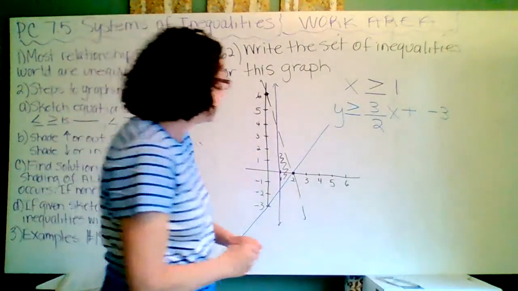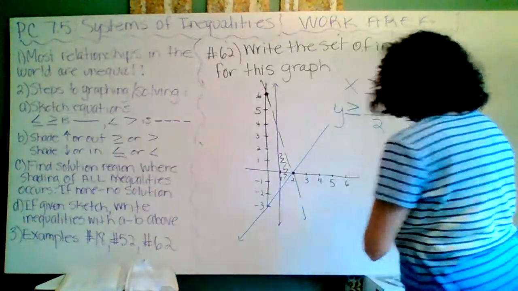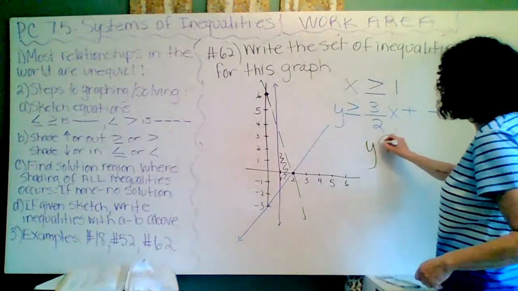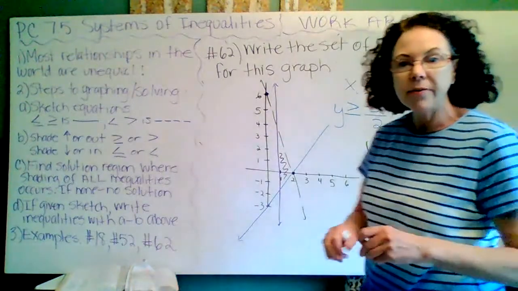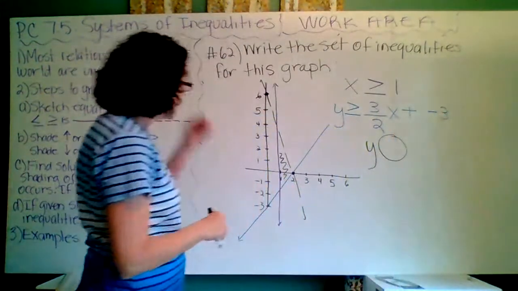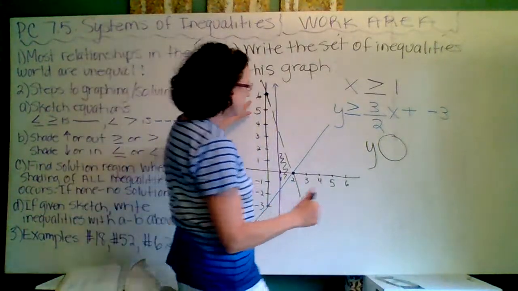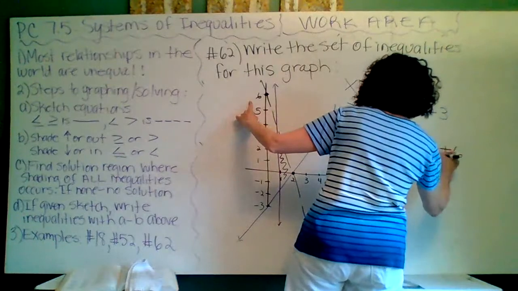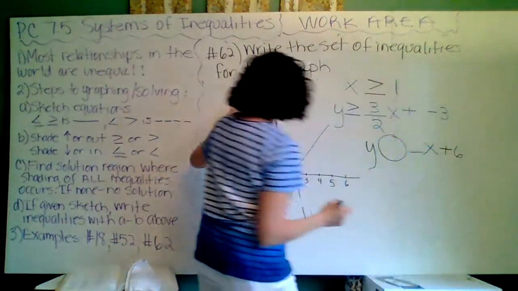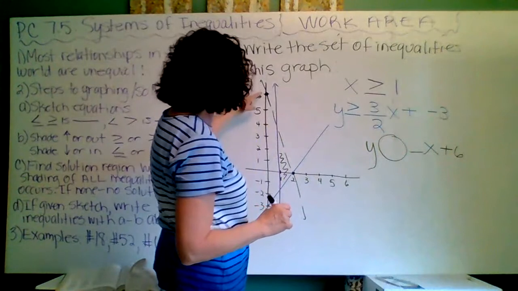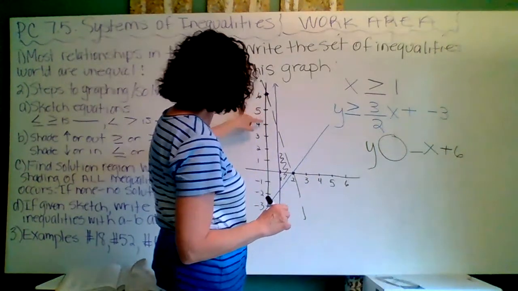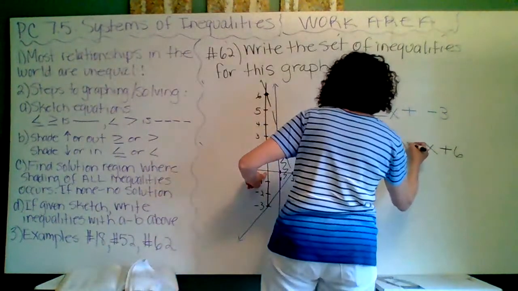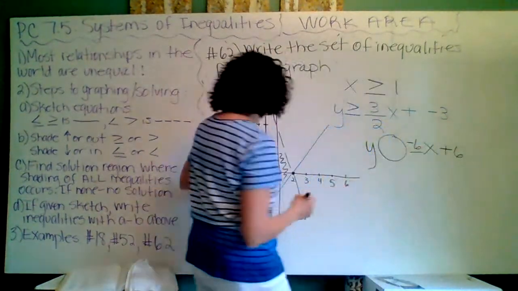Notice with the black line that it is dashed. So with our inequality here, we will not have a solid line underneath. Let's take a look. Notice that this line has a y-intercept of 6 and a slope of, let's see, as we go down 1, 2, 3, 4, 5, 6, down 6, and right 2.